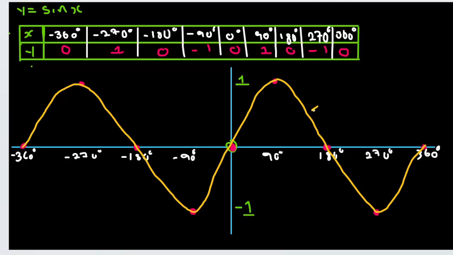We name this graph y equals sine x. Sometimes they'll say it is y equals f of x. So now we have drawn the graph. It's very simple and very straightforward.